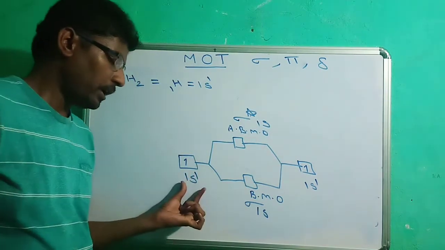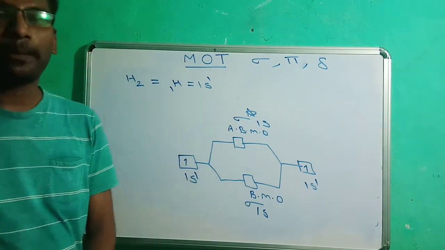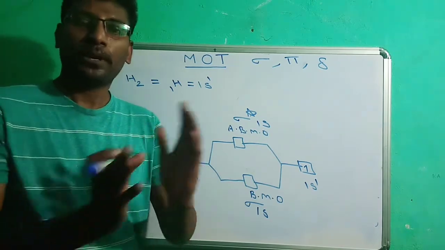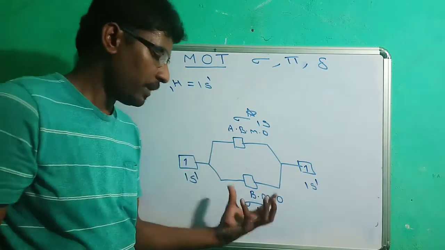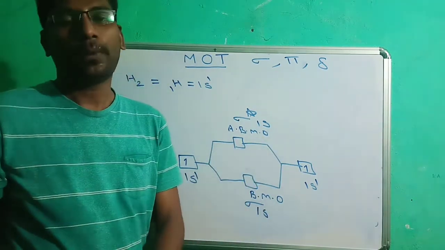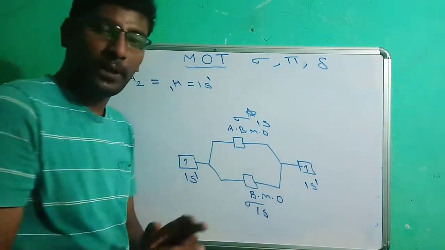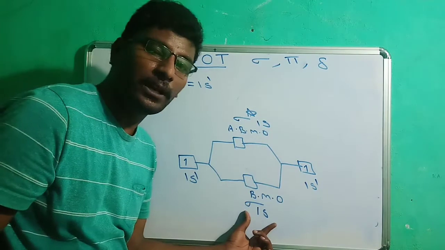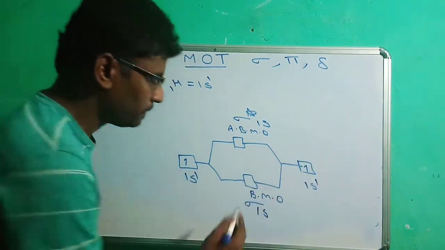As we know, electronic configuration of atomic orbitals always follows the Aufbau principle, Pauli's exclusion principle, and Hund's rule, etc. The same rules are also followed in molecular orbital configuration, which means when the 2 electrons are filling, electrons must be filled in the lower energy level according to the Aufbau principle.